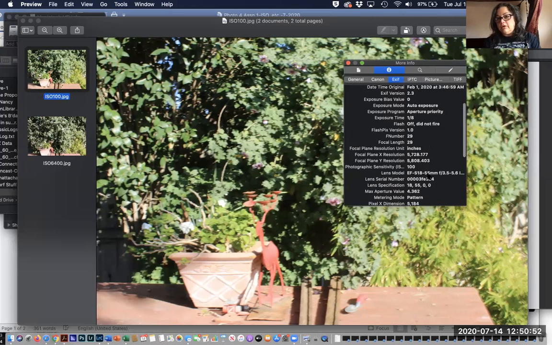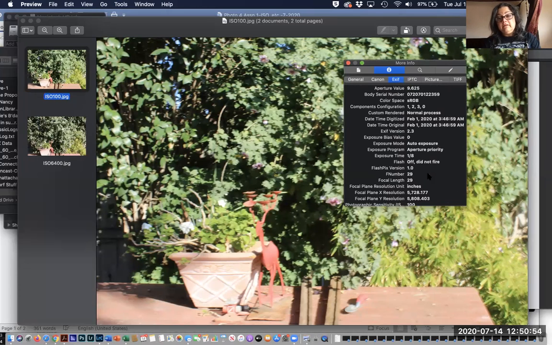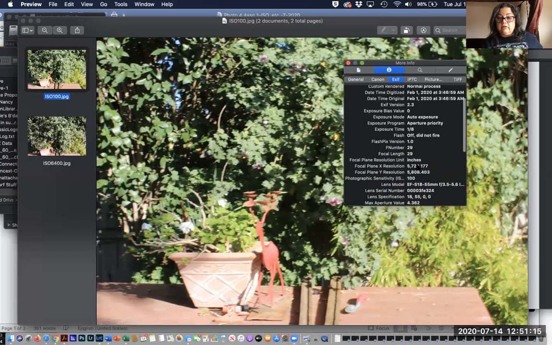This is showing what's called the metadata about the image. It was shot in auto exposure with aperture priority, and the aperture was set to f/29. The exposure time was 1/8 of a second, and it says here exposure bias value is 0, so that plus minus sign was set to 0.